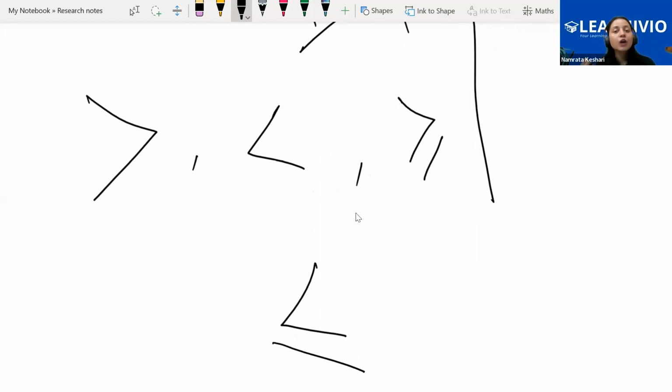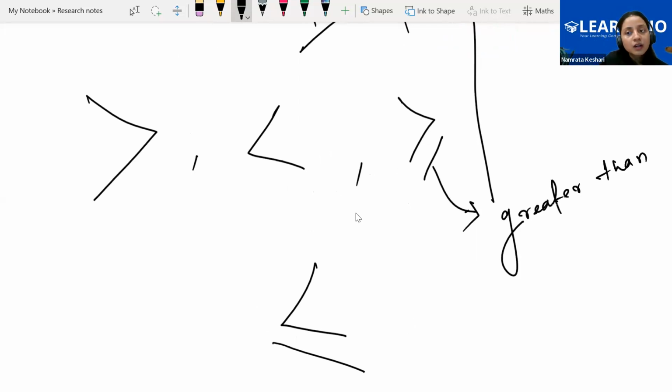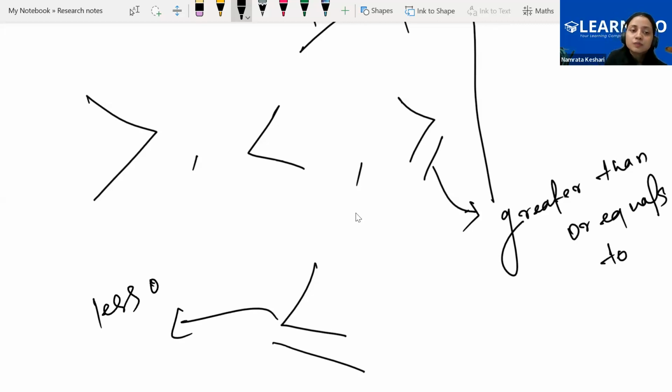Listen to me carefully to how I am pronouncing them. The first two are already known to you. The next two are a combination of the equality sign and the bigger than or smaller than sign.